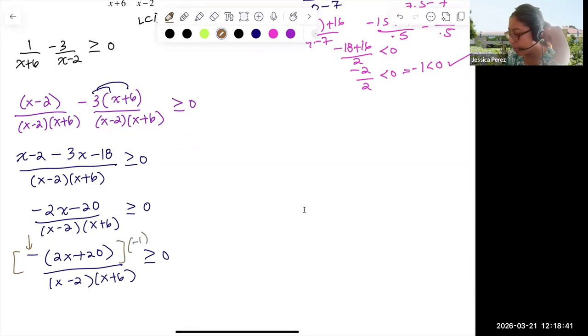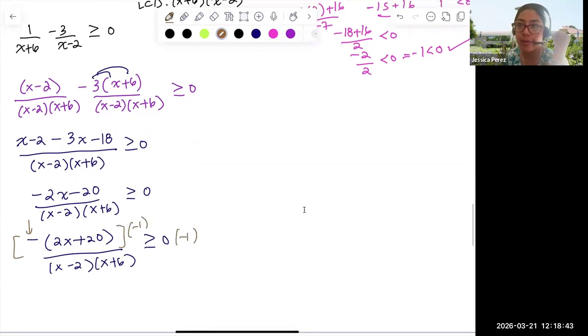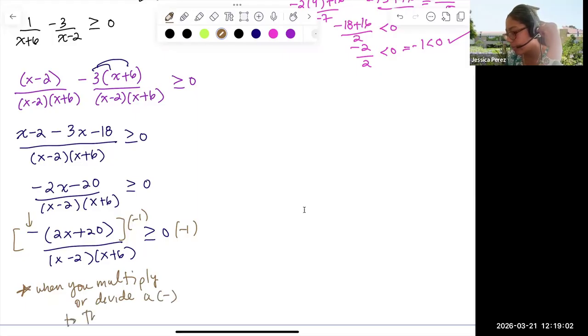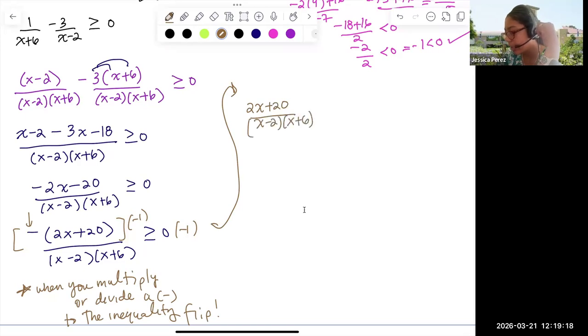When I multiply both sides by a negative 1, the inequality flips. So let's put a star here. When you multiply or divide the inequality by a negative value, the inequality will flip. So now, because I multiplied it by a negative 1, I'll have 2x plus 20 over x minus 2, x plus 6 to be less than or equal to 0.